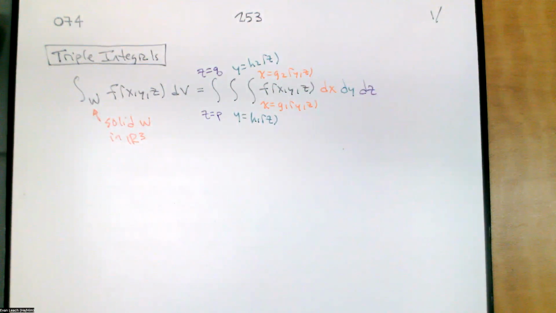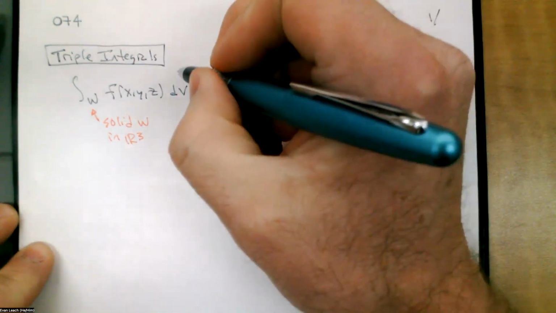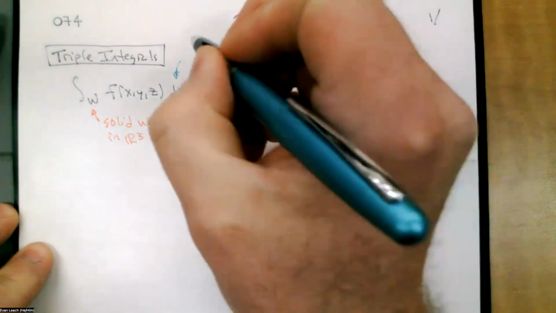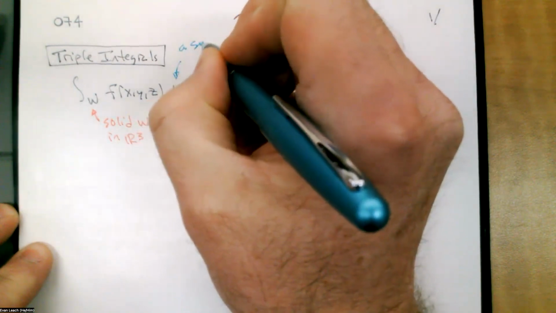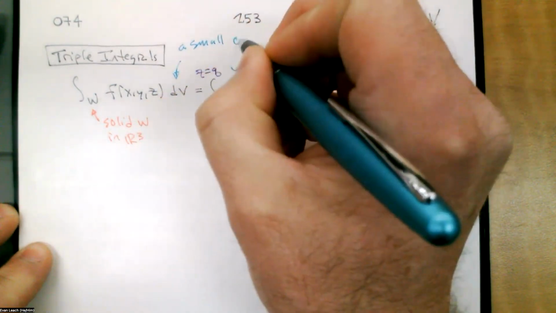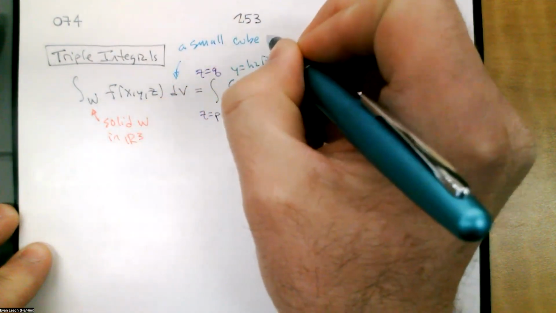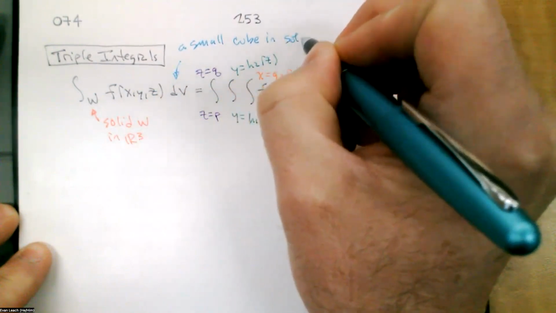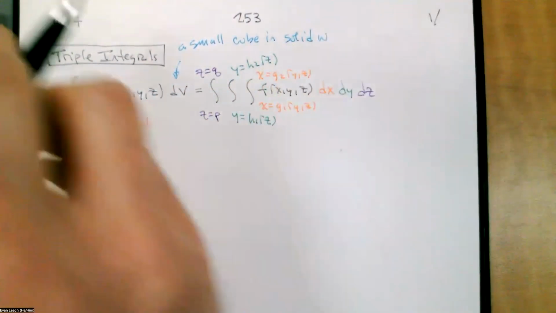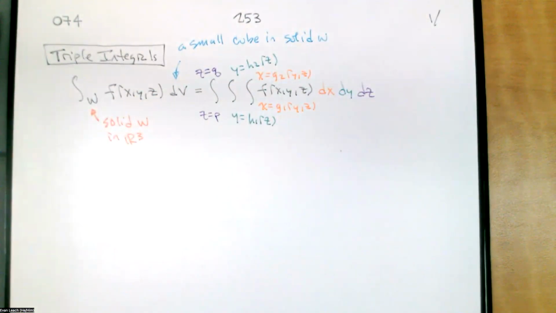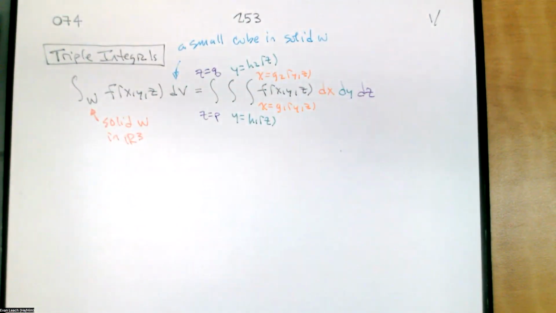We're doing the same thing that we always do with integrals. dV is some small piece of the solid W, a small cube in the solid W. It doesn't need to be a cube.